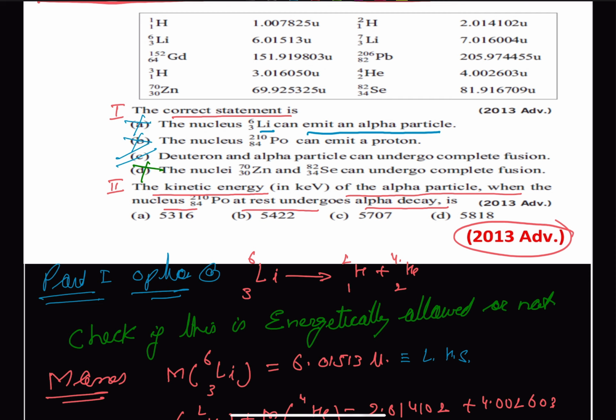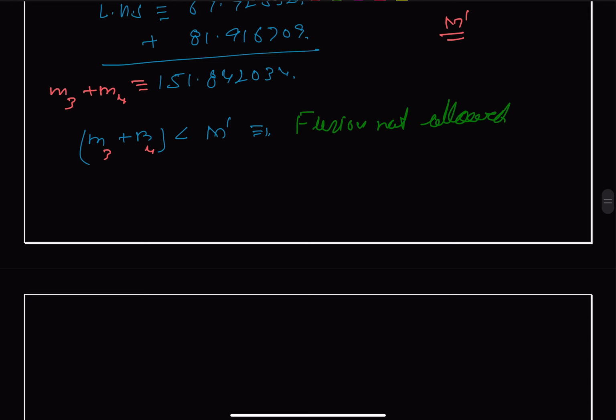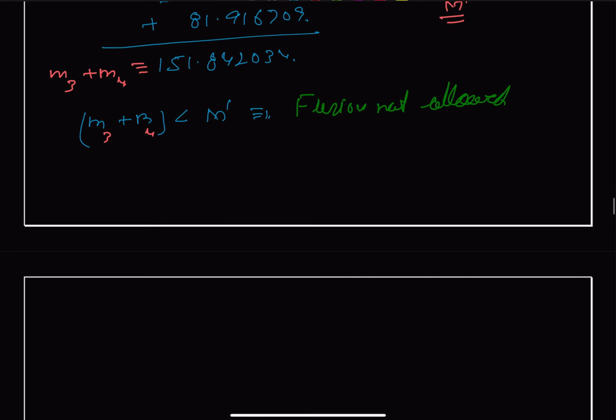Now we come to part 2, in which we are supposed to find out the kinetic energy when polonium at rest goes through alpha decay. So in part 2, we have our polonium, that is 84 and 210.